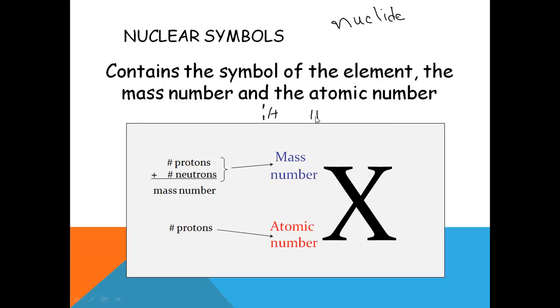For deuterium, hydrogen-2, the atomic number is always going to be 1, but the mass number is 2, that 1 proton and 1 neutron. And then tritium, again hydrogen with 1 proton, but it has 2 neutrons, so the mass number is 3. This is how we write nuclear symbols. The mass number goes on top, the atomic number goes on the bottom.